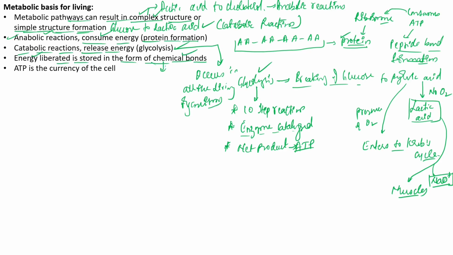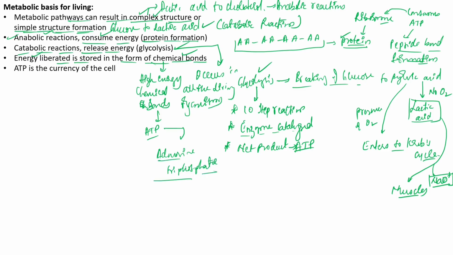These chemical bonds are called high energy chemical bonds. Generally such a molecule is called ATP. What is the full form of ATP? It is called adenosine triphosphate. Now if you ask where the energy is stored in ATP, it is the phosphate bonds.